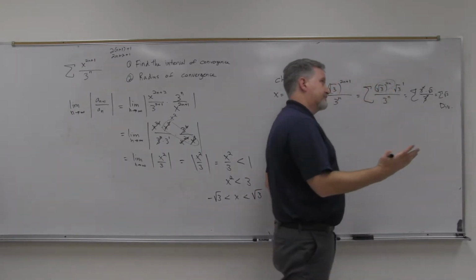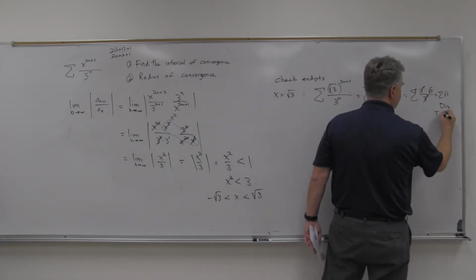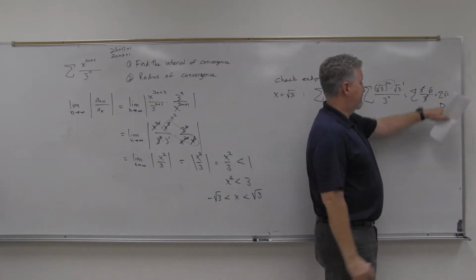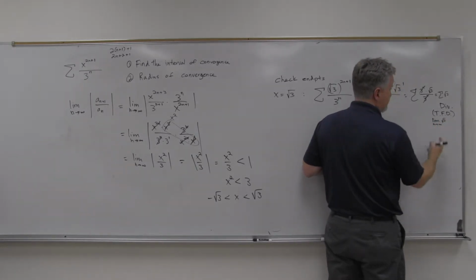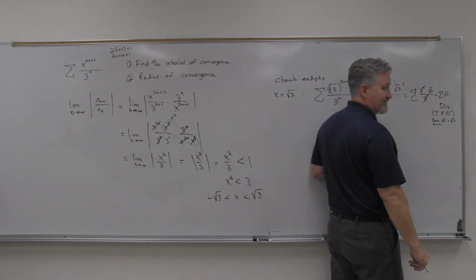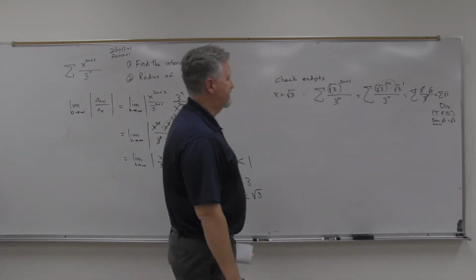What test would you use? That's the test for divergence. If we look at the limit of the a sub n's, it's square root of 3, but that's not good for a series. If that's not 0, it's divergent by test for divergence.